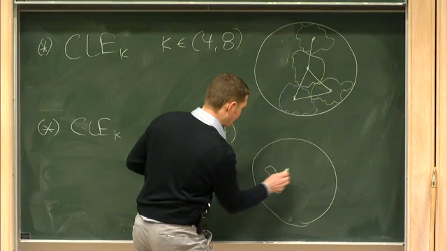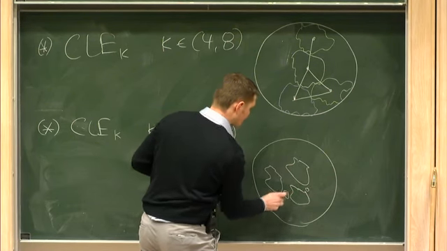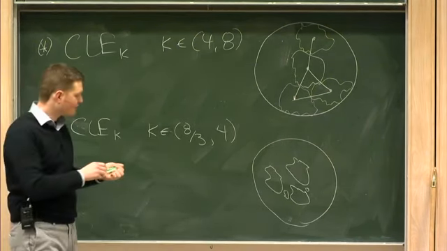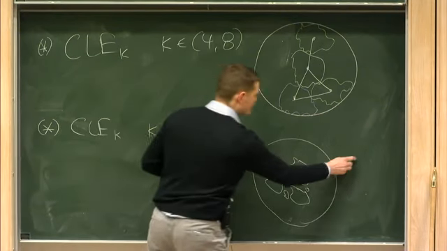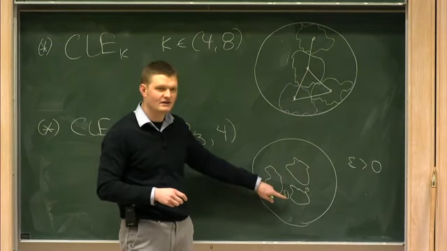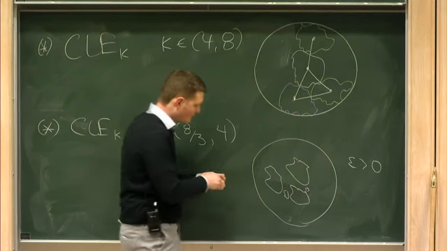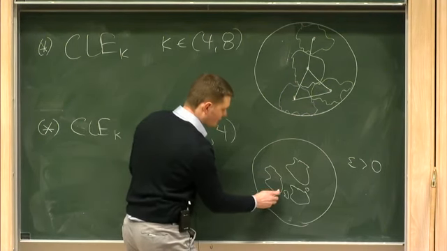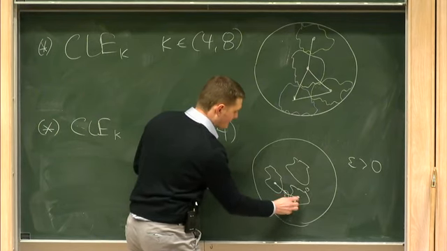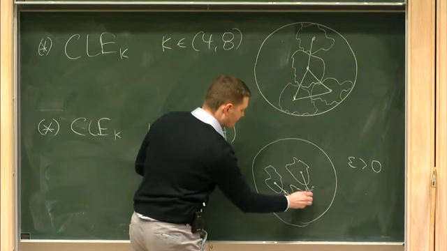And one simple way to do something similar is to fix some epsilon greater than 0 and consider two loops to be adjacent in the graph associated with the parameter epsilon if there are points on the loops which are within epsilon of one another. So you might end up with something like that.